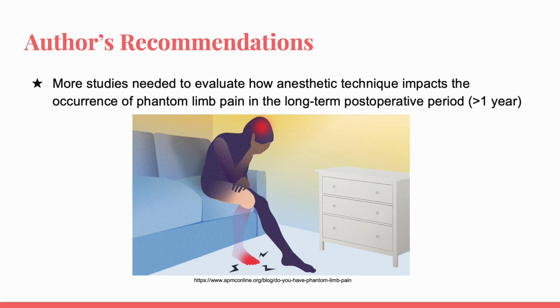However, it is important to note that these findings may not conclusively address the question regarding how anesthetic technique impacts the occurrence of phantom limb pain in a long-term post-op period. Therefore, more consistent study methodologies that include data from both the immediate and long-term periods are required to provide a more definitive response to the PICO question.